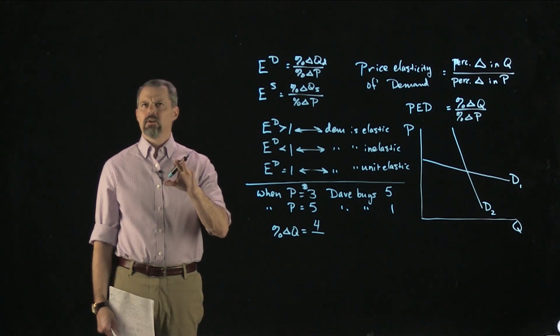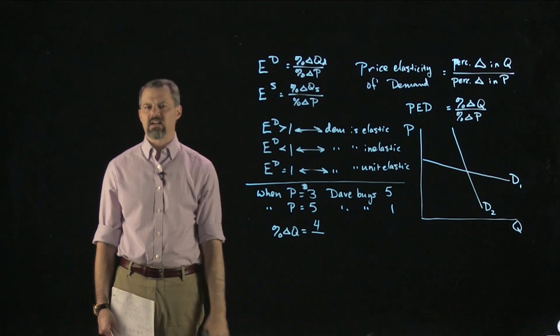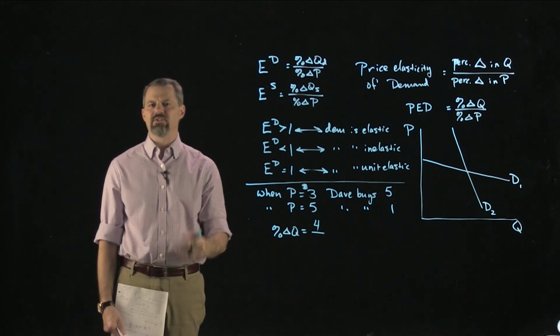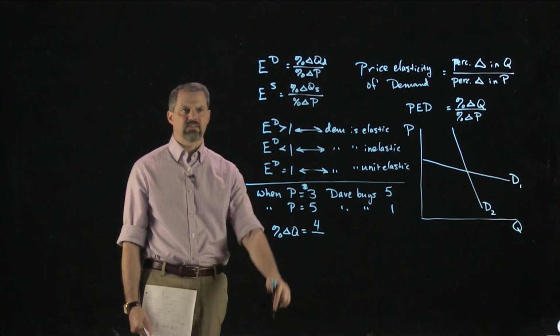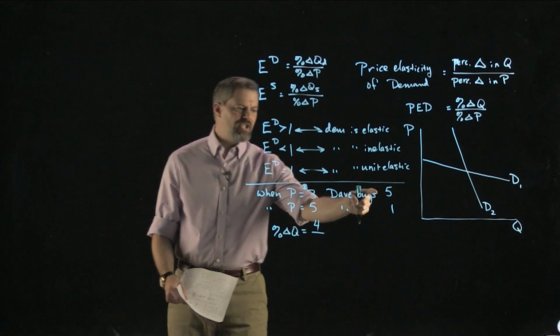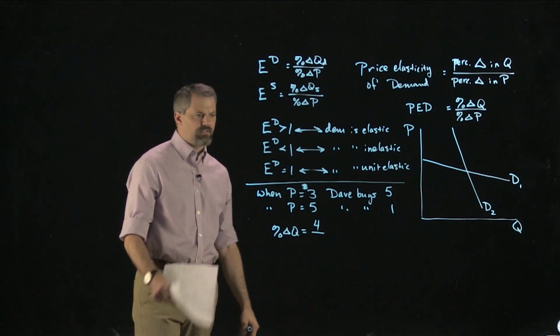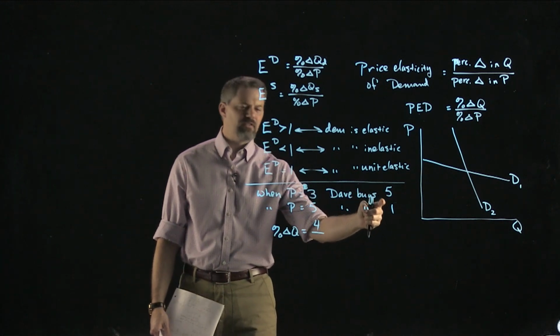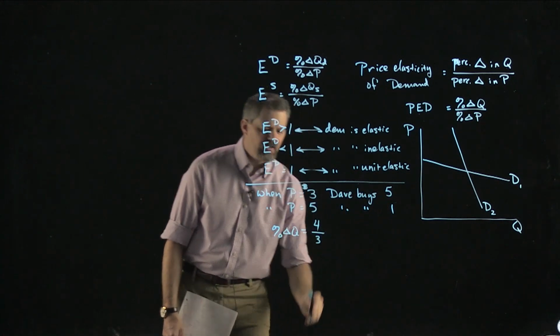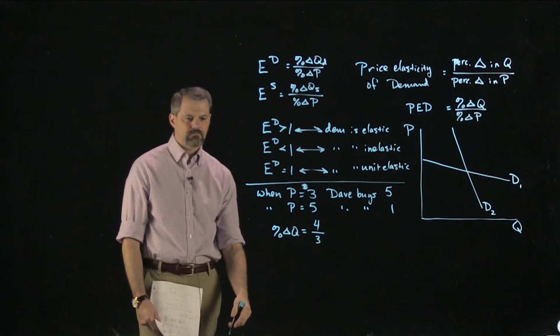Now, in terms of working out homework problems, I would recommend using the correct sign. Price elasticity of demand is always negative. Price elasticity of supply, always positive. So our quantity changes by 4 units, and our average quantity is going to be the average of these two, which is 3. So my percent change in quantity is going to be 4 over 3.